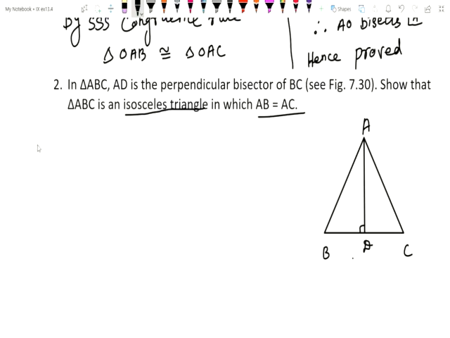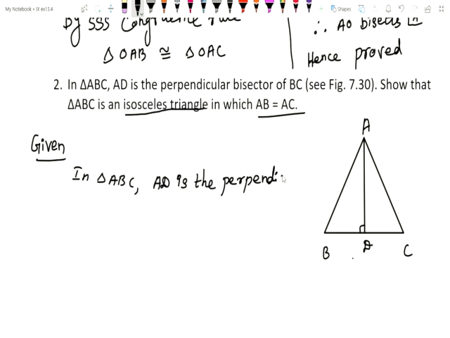So what is given in the question? ABC is a triangle, or else in triangle ABC, AD is the perpendicular bisector of BC.